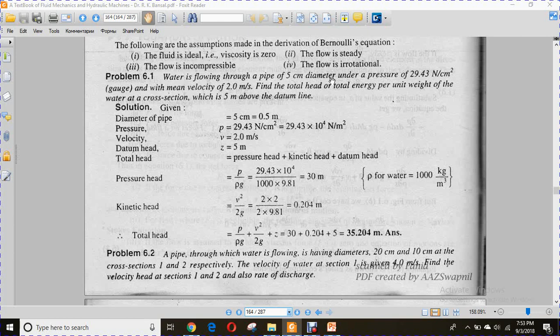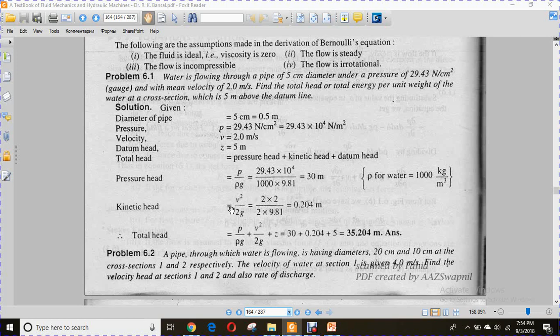How will we solve? All the data has been converted into SI units. We are required to find the total head, which is the pressure head plus kinetic head plus datum head. Pressure head is P by rho g, where rho is the density of water, 1000 kg per meter cube.